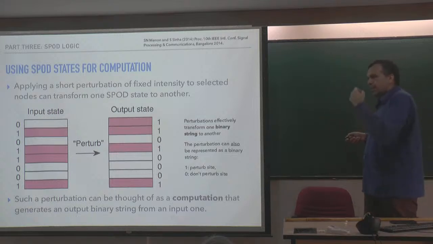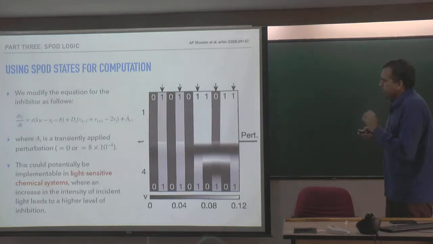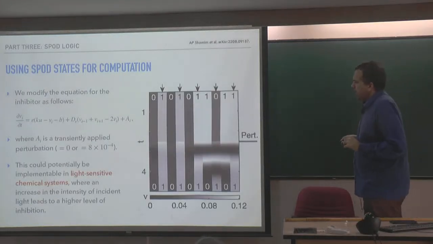The perturbation itself can be thought of as a binary string, because for each site I decide, am I going to perturb it or not perturb it. So I have an input string with binary perturbation, and the output is also binary. You can think of this effectively as a computation that generates an output binary string from an input one.